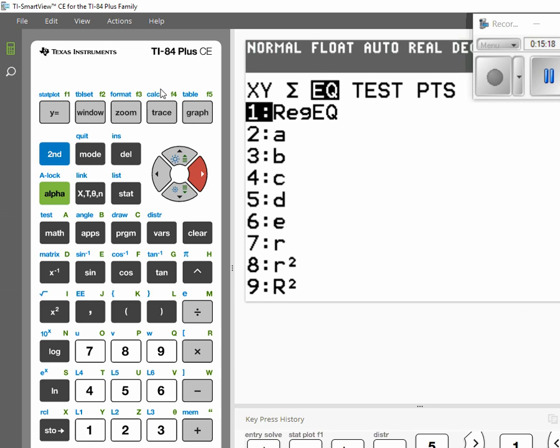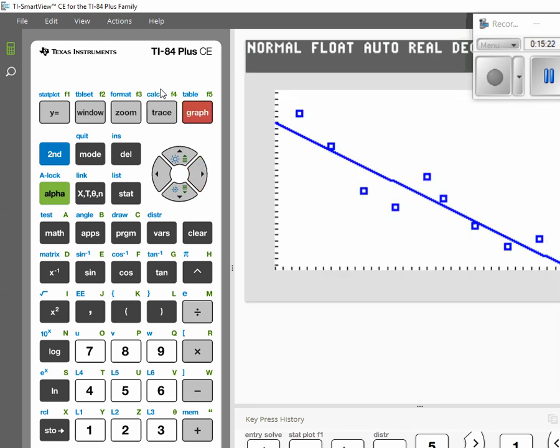So now if I go to graph, look at that, and there's my line now. We want to analyze how good this line is to the data. And what it's called is called a correlation coefficient. Okay? So we are going to go to catalog.